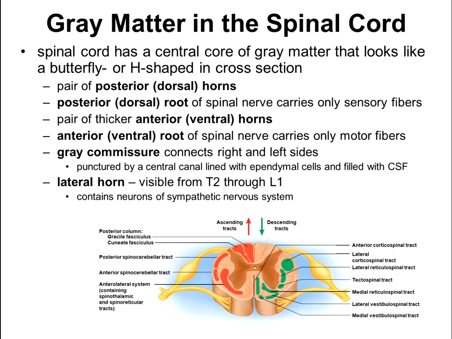It is punctured by a central canal lined with ependymal cells and filled with cerebrospinal fluid. And then you have a lateral horn, and this is visible from the thoracic 2 through lumbar 1 vertebrae. And this contains neurons of the sympathetic nervous system.